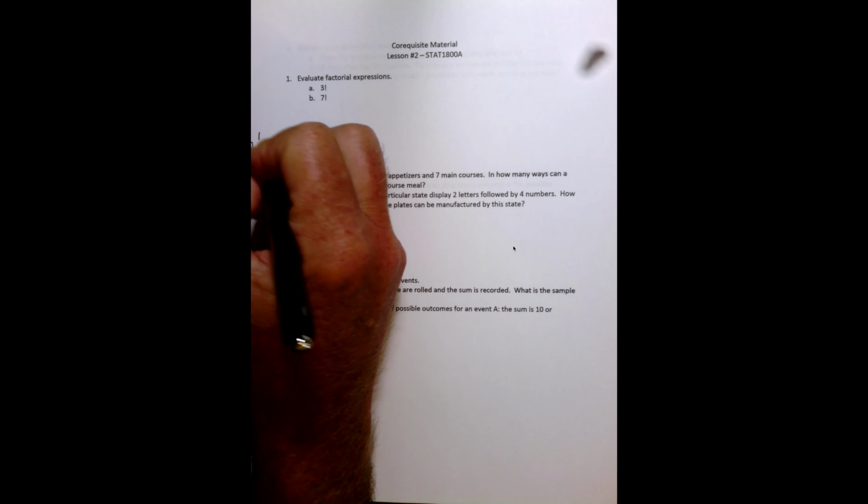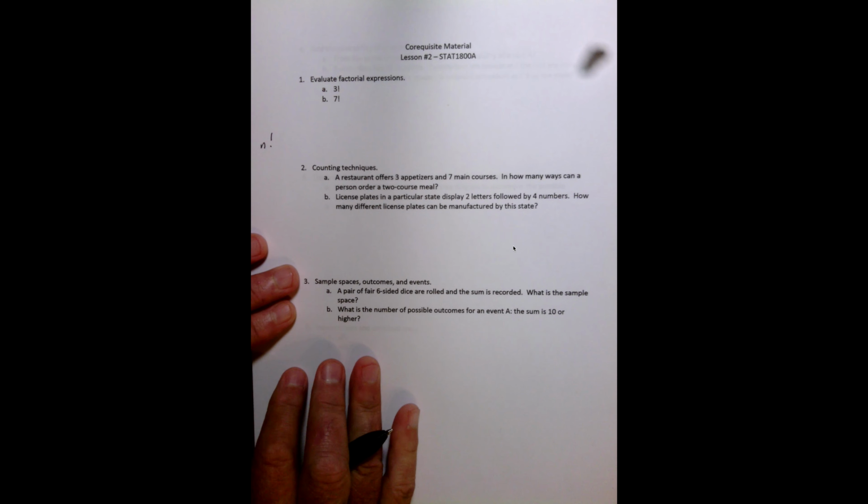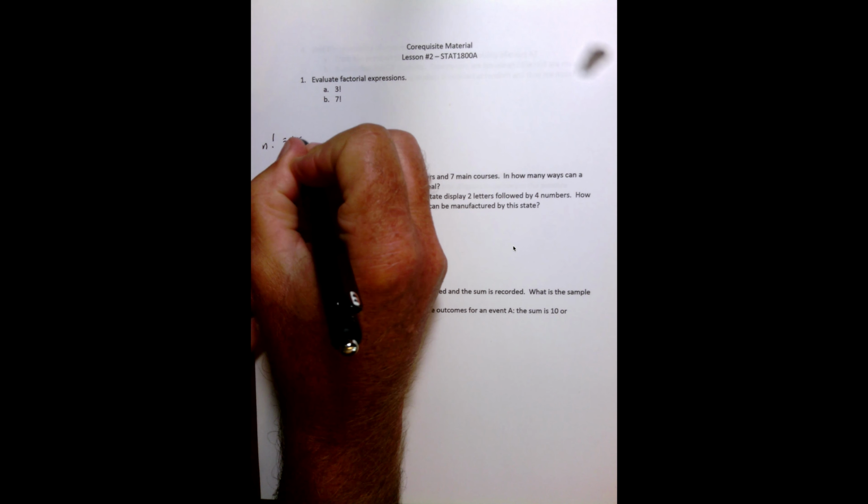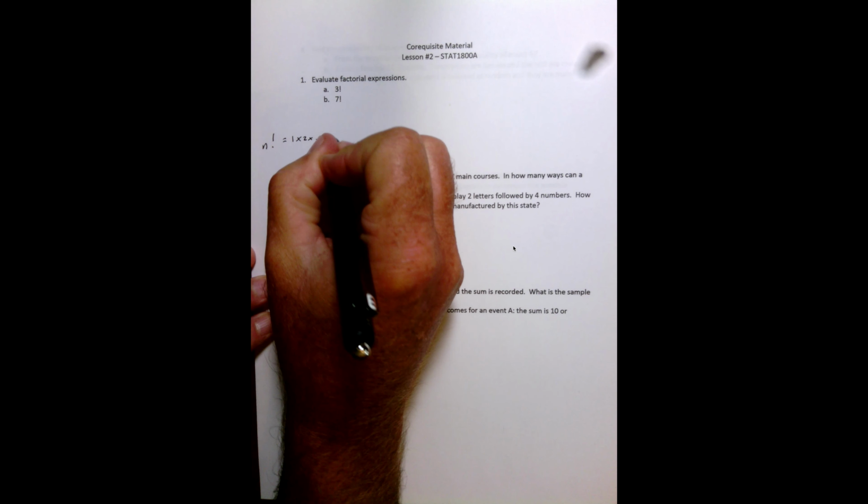So something that we use a lot in probability is called a factorial. So a factorial is nothing more than, if we take n factorial, you probably should be able to see that, shouldn't you? It's just 1 times 2 times all the way up to n. It's just the product of the n numbers.